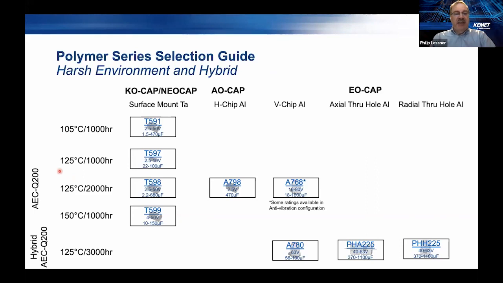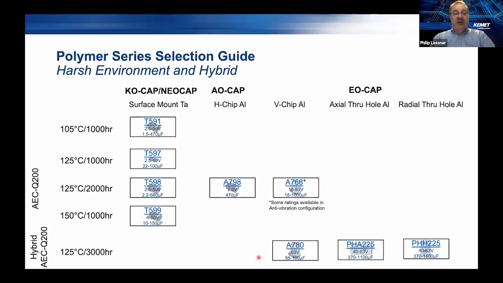And these harsh environment series are tested at 85 degrees and 85% RH, either for 500 hours for this more general purpose T591 series, or to at least 1,000 hours for these AEC Q200 series, which are aimed primarily at automotive applications. And then, as I mentioned, we also have developed a hybrid wet polymer aluminum electrolytic in aluminum.